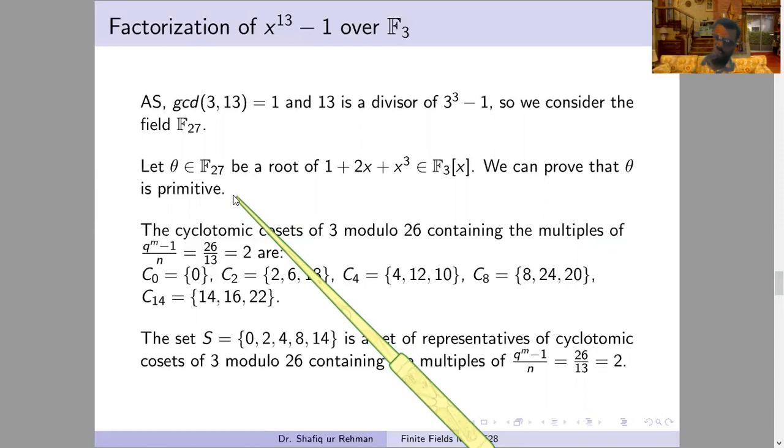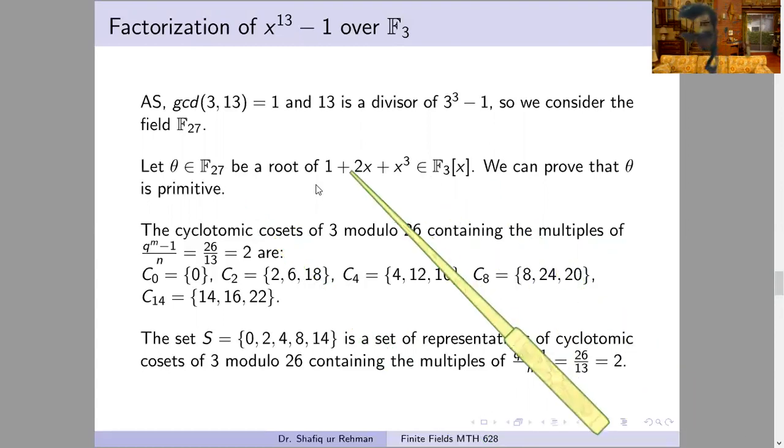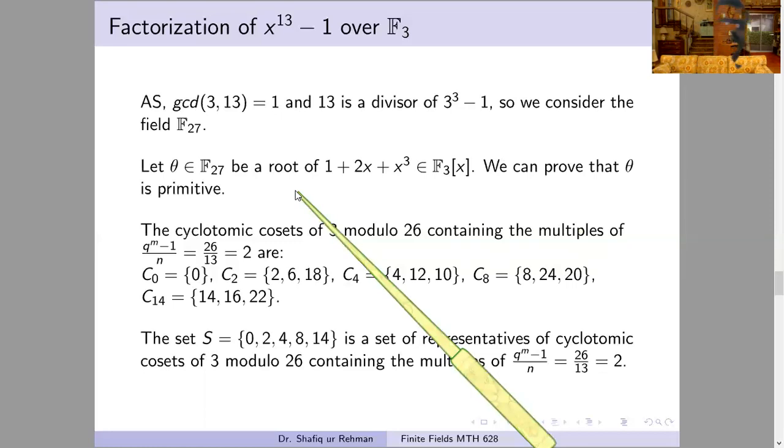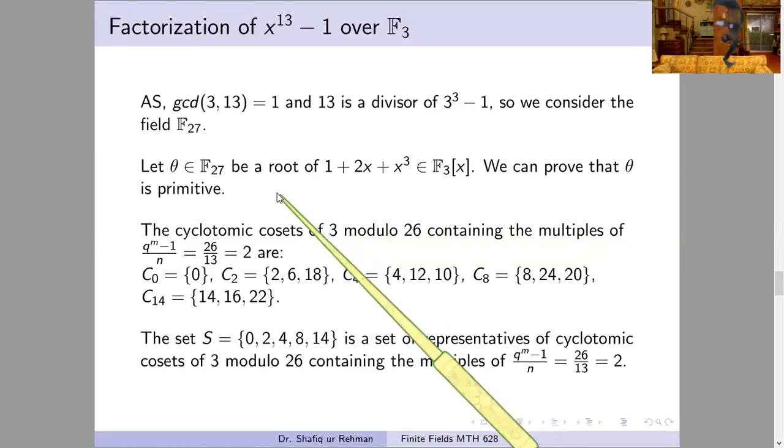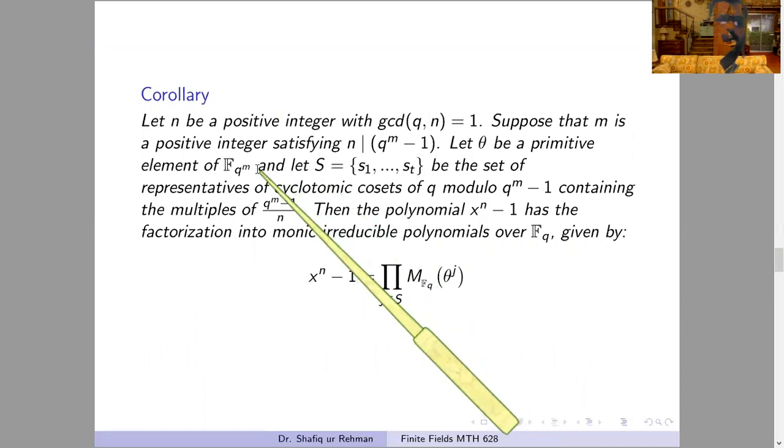So in order to prove that theta is primitive, it is enough to show that theta^2 is not equal to 1 and theta^13 is not equal to 1. It means theta will have order 26.